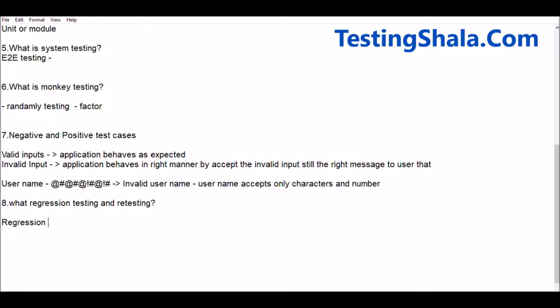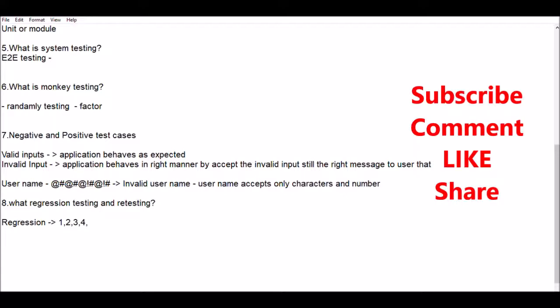When we implement the functionality, initially these test cases are passing, then as a number of features get added, like the first, second, third, fourth, fifth, sixth, seventh, eighth feature.